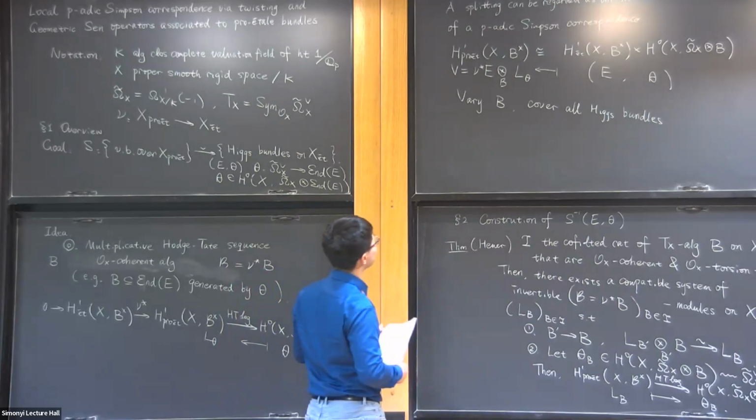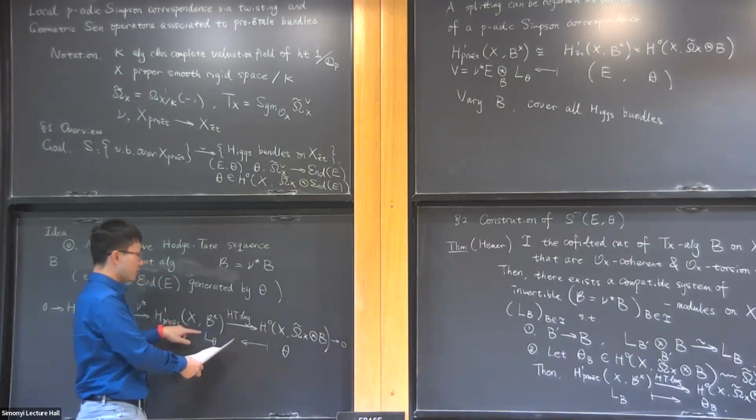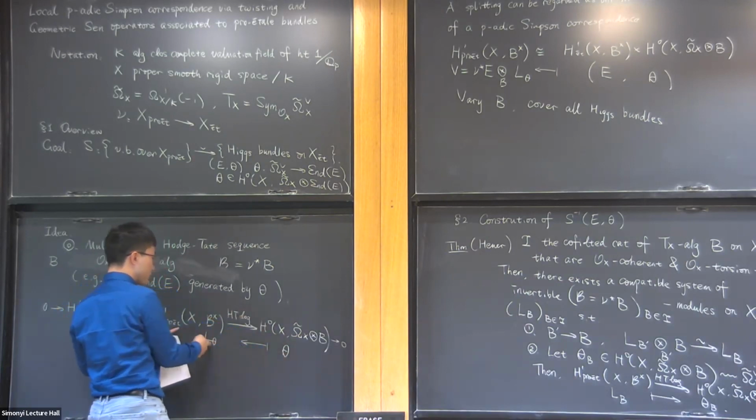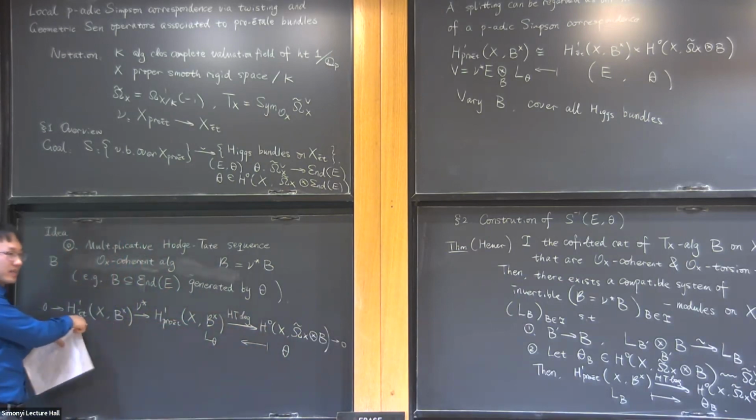Yes. If you start from a pro-étale thing, and you consider its image, and you twist it by the inverse of L theta, then it comes from the analytic site. Is that what you mean? I think I'm confused.